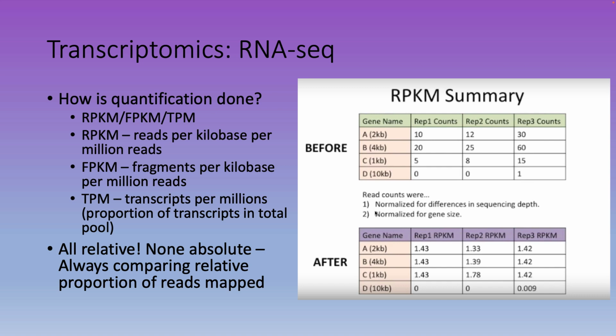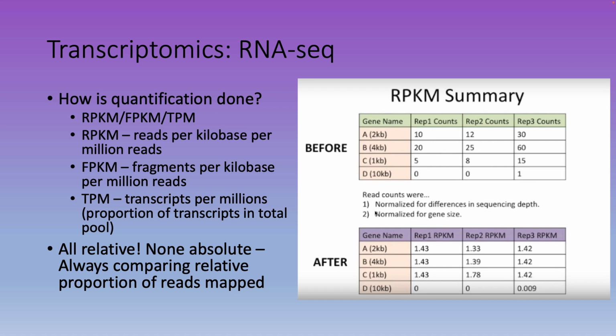If we look at RPKM, one of the important things here is that when you use TPM versus RPKM and FPKM, you're always going to be able to sum up all the TPM values in a sample, and it's always going to be the same. So it's easier to compare proportions because they're all basically going to sum to the same number. Whereas with RPKM, the amount of RPKM will change.